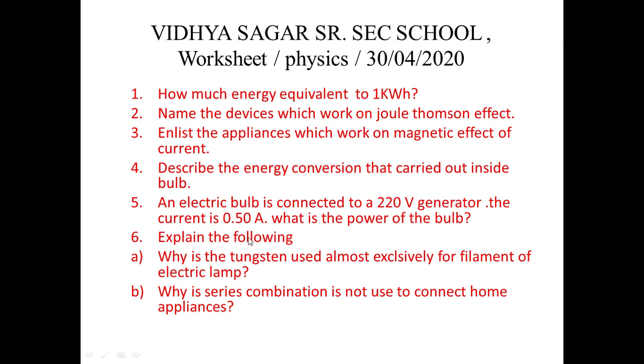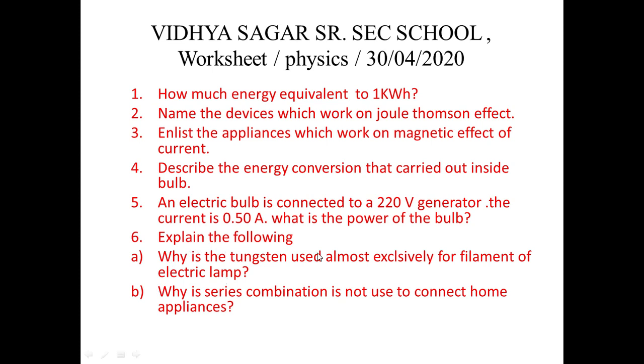So we can multiply both the terms: 220 volts multiplied with 0.50 ampere, that is half ampere. So we got 110 watt as the answer of that question. So the answer of the fifth question is 110 watt.